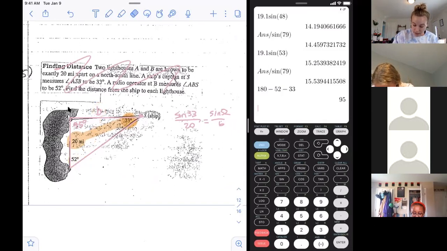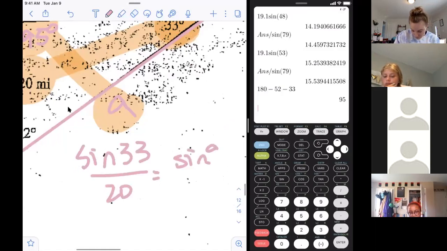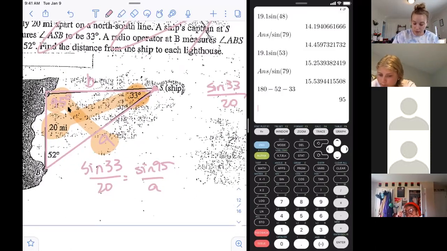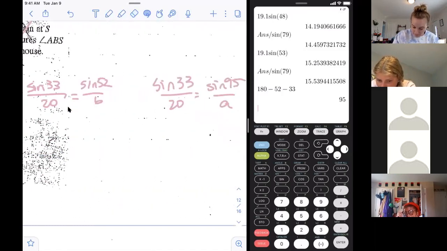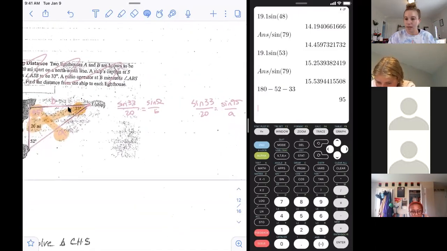Sine of 33 over 20 equals sine of 52 over b. Again, this over that. Now we're going to do the same idea, but the other side. So I'm going to keep sine of 33 over 20, and now I'm going to do sine of 95 over a. Sine of 33 over 20 equals sine of 95 over a. And then I'm going to solve both of those. Any questions on the setup?